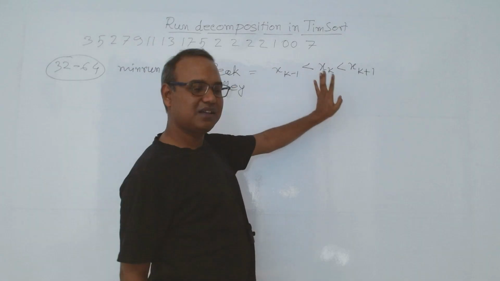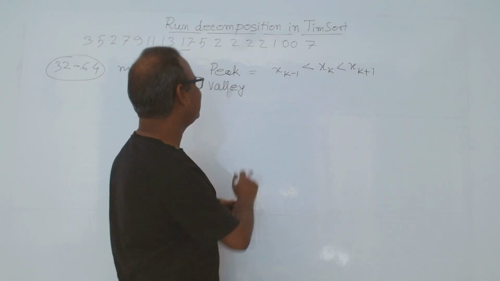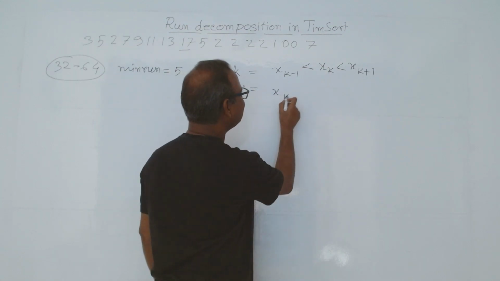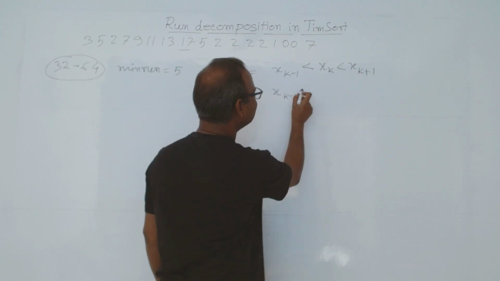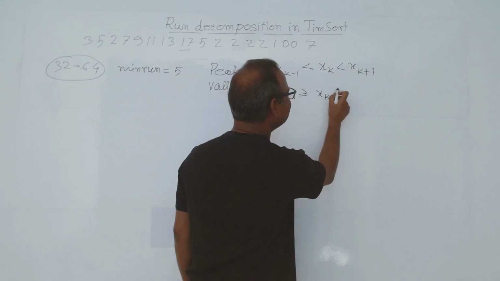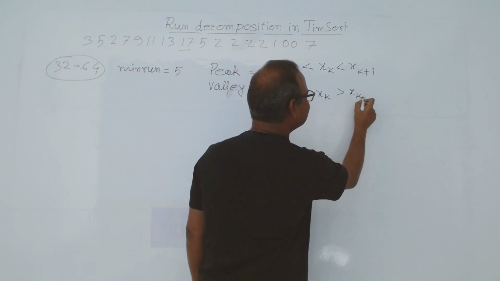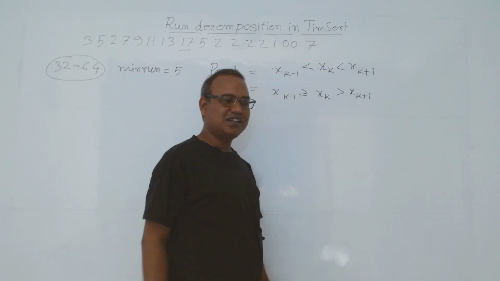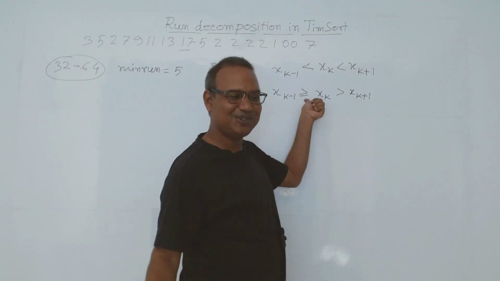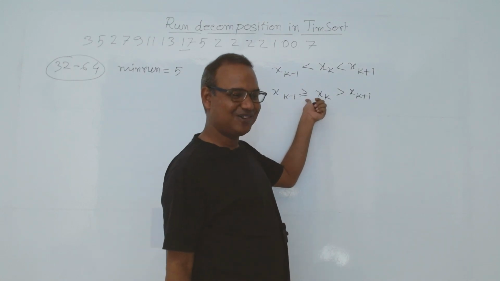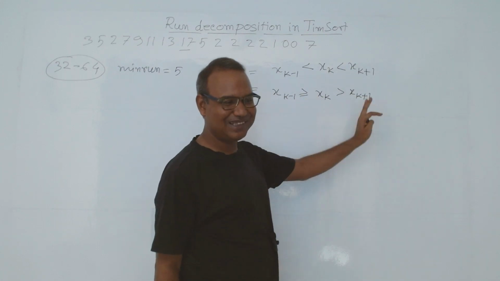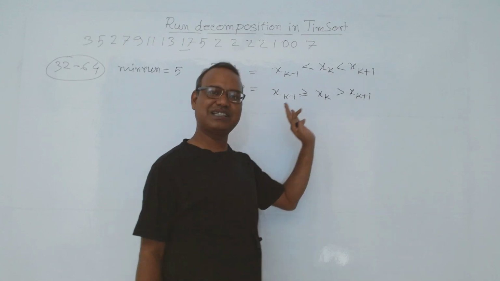Okay, it looks fine. Let's define the valley in a similar way. Okay. x(k-1) greater than or equal to xk and less than x(k+1). So we will see whether we need the equal to or not, and if we need equal to, whether it is in the previous element or the next element, that we can check. How?